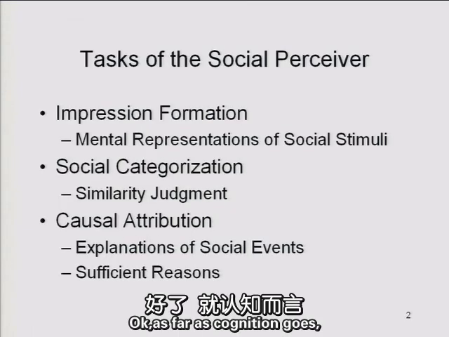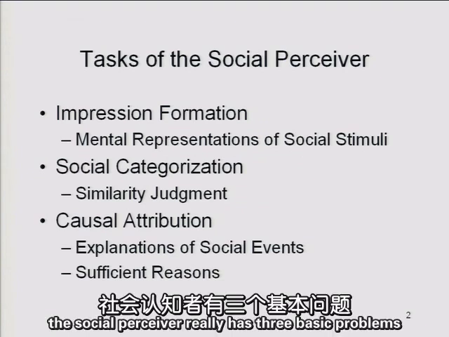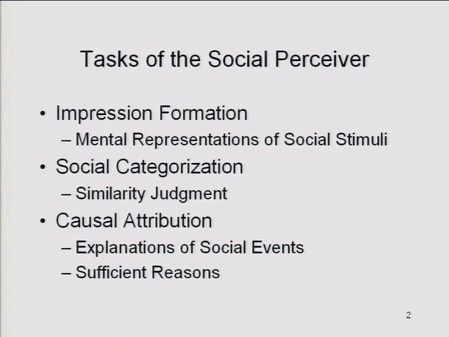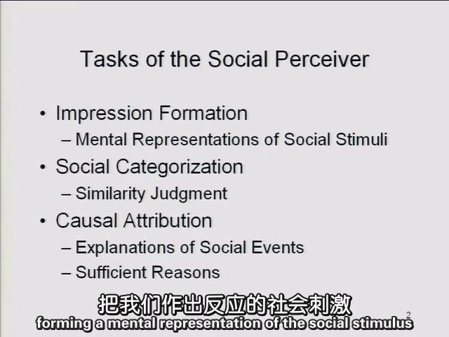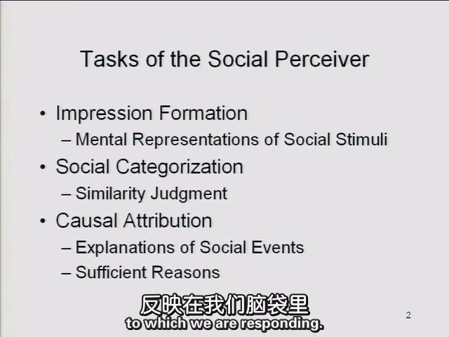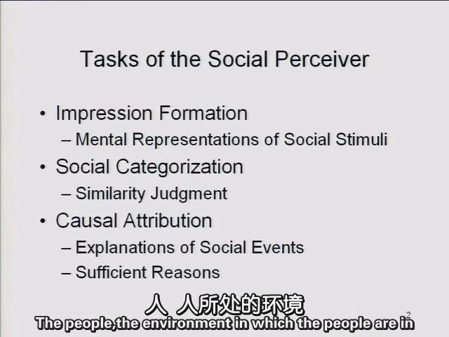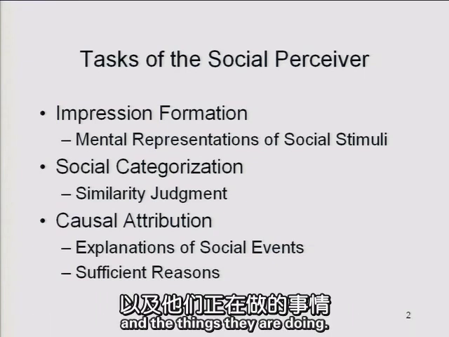As far as cognition goes, the social perceiver really has three basic problems that he or she has to solve. The first is the problem of impression formation. That is, forming a mental representation of the social stimulus to which you're responding: the people, the environment in which the people are in, and the things that they're doing.